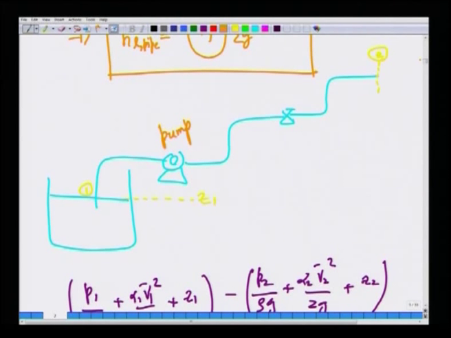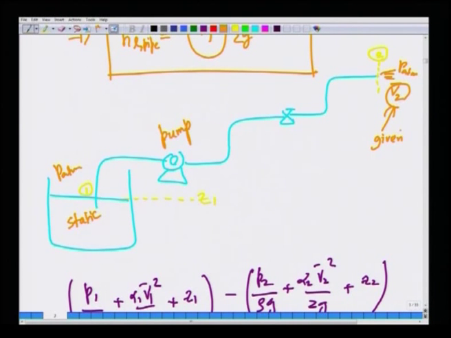So, this is a typical setting that one would like to solve. For example, we may want to ask the question, suppose I want, this is a static, stationary fluid. Okay. So, there is no flow here, and this is atmospheric pressure, and fluid is exiting to atmospheric pressure at point 2. Then the question we may ask is, suppose I want the fluid to come out with a specific velocity V2, this is given to us.